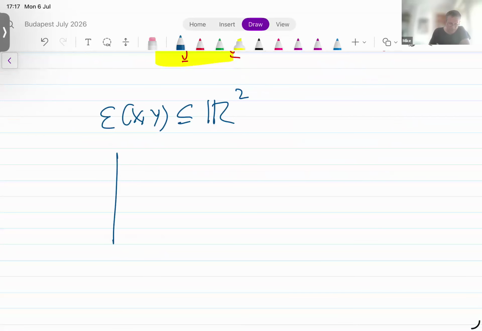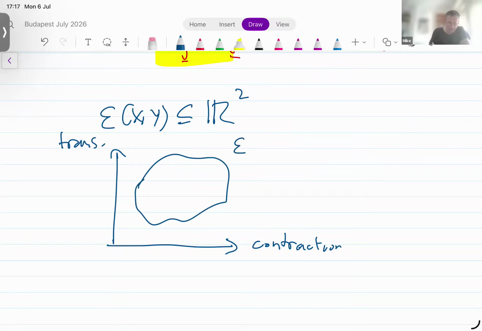The x-axis will be the contraction ratio, and the y-axis will be the translation. And then E is some kind of blob. It's not an open set or anything like that. It's some kind of fractal set. The one thing you can say about it is that it's closed. It's a closed subset of R2.